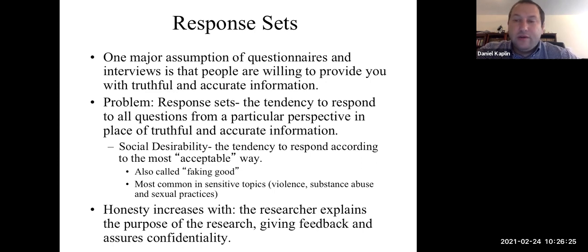We talked about confidentiality in a previous video on research ethics, and it's very important to protect the answers that people give, because that is one of the commitments of a researcher, and our ethical code requires it. So letting people know that their answers are going to be confidential is good.